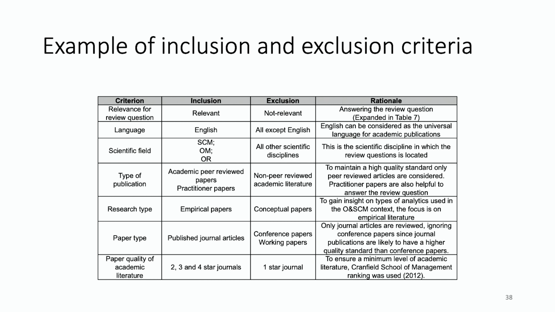It might look similar, but definitely make sure that it applies to your field and your questions. So don't just blindly copy and paste inclusion and exclusion criteria, because they must be specific to your work. For example, in data science, conferences are probably important, and you need to include conference papers, because a lot of them would be peer-reviewed papers.